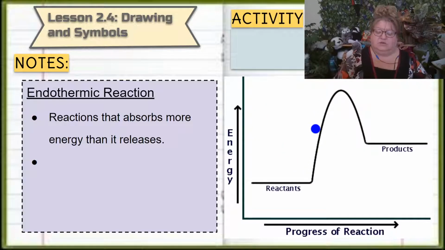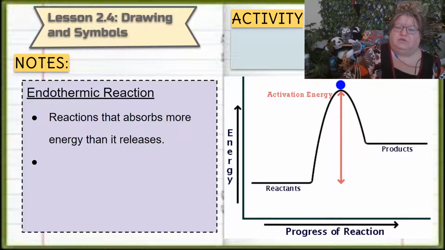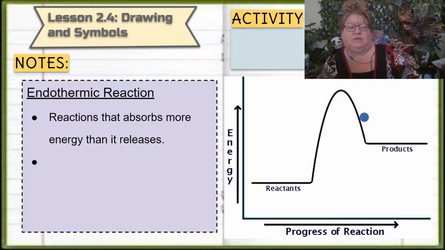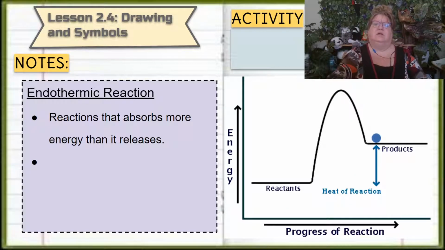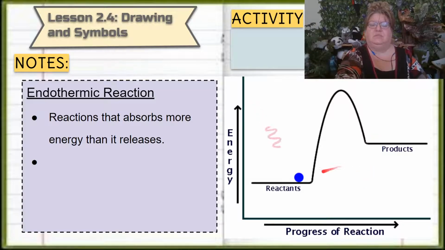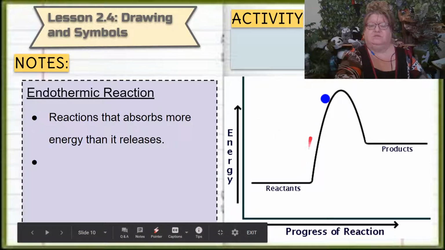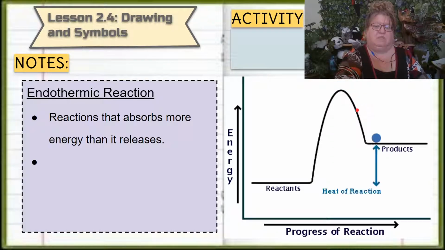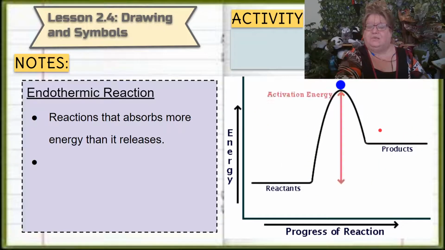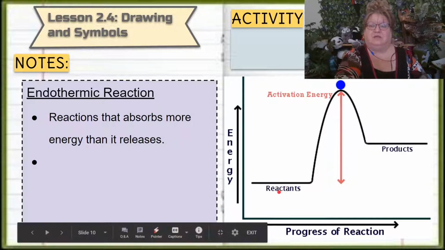But we also engage in endothermic reactions where we actually build molecules. And by building, we have to get over the activation energy. And then what we then have would be our products, which have a higher amount of energy than the reactants.